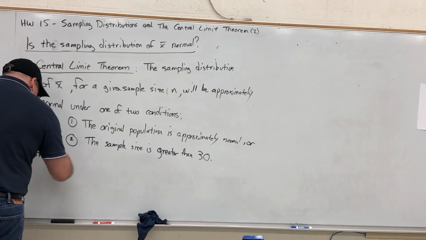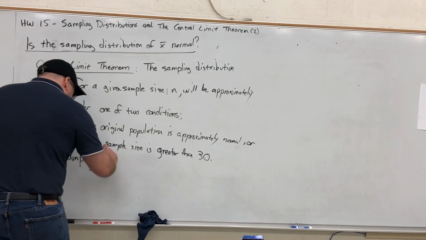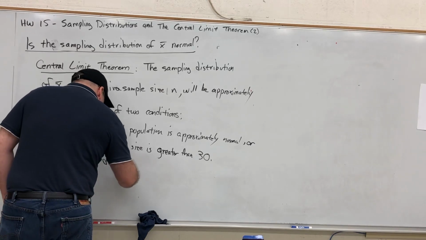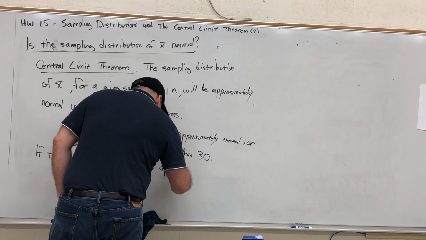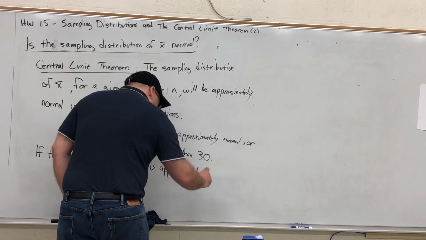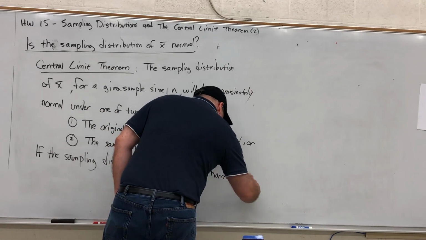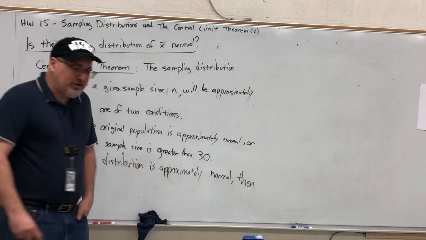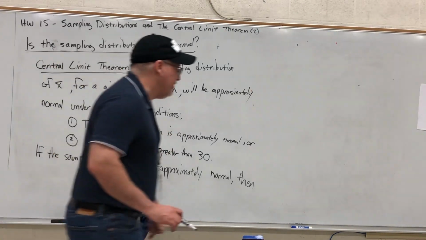If the sampling distribution is approximately normal, then once we know it's approximately normal, there's a formula for calculating its mean and standard deviation.